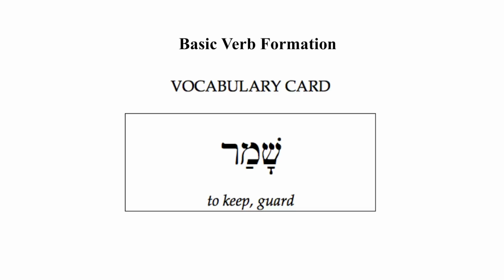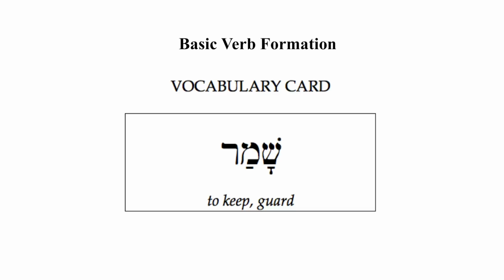This form is actually the simplest verb form available so that you can actually pronounce it to memorize it. And it happens to be a verb that doesn't mean to keep or guard. It actually means he kept.